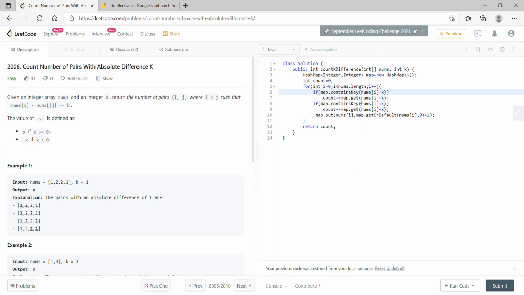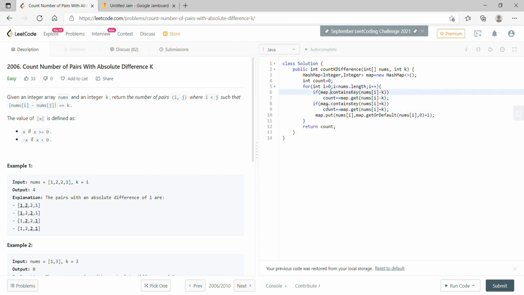In this case we are incrementing count by how many times that element is occurring, because if you have 5 twos and you are getting a 3, and the k is 1, the 3 should form a pair with all the twos. So whatever the frequency of nums i minus k is, that many times we should increment the count. So that is the logic.